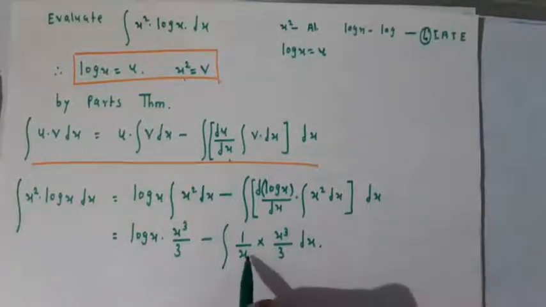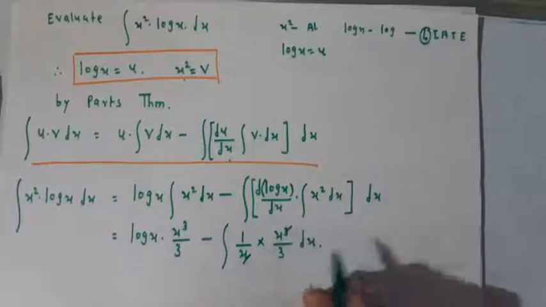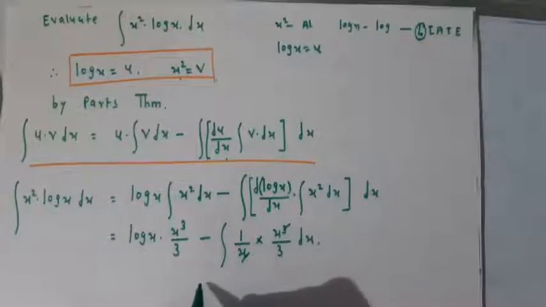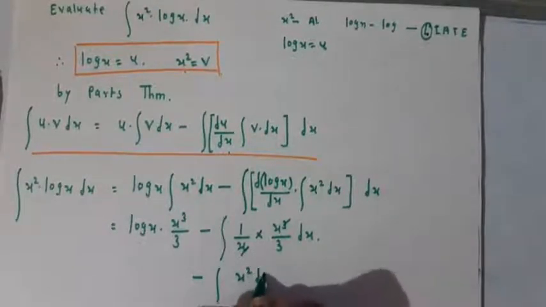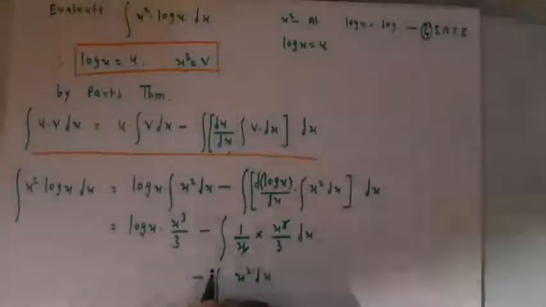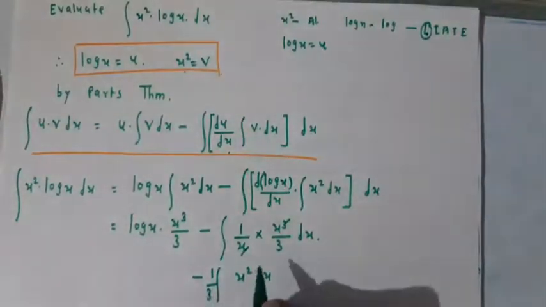Okay students, here x and x get cancelled and you will get minus integration of x square with respect to x, and take this 1 by 3 as a constant outside.